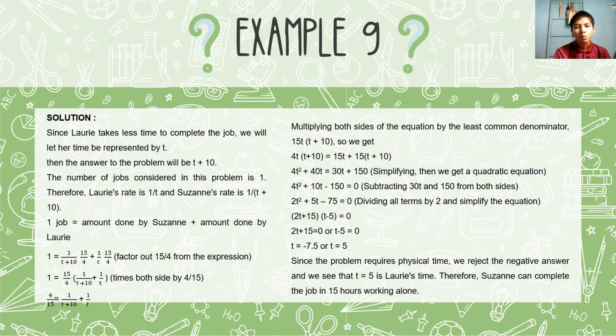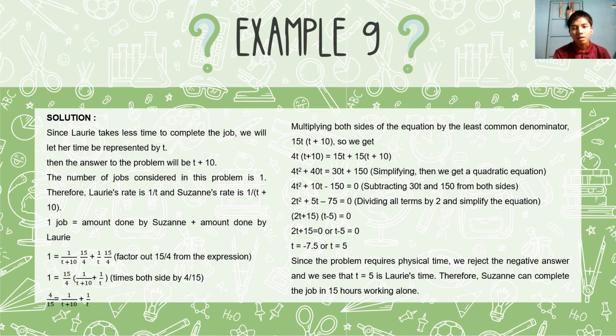4T squared plus 40T equals 30T plus 150. Simplifying, we got a quadratic equation: 4T squared plus 10T minus 150 equals 0.